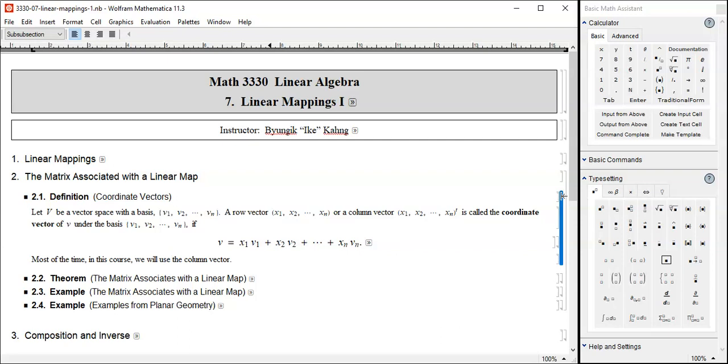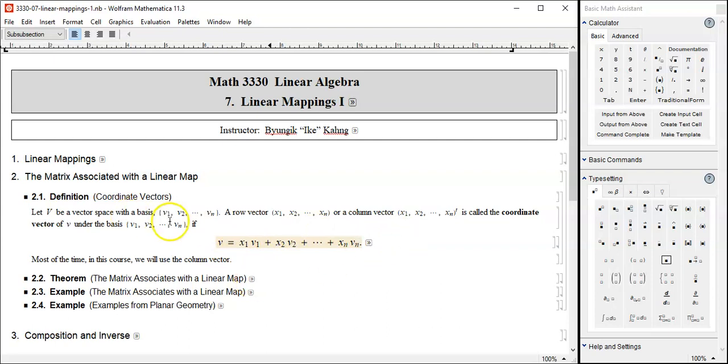Coordinate vectors. Let V be a vector space with basis v1, v2, all the way to vn. Then a row vector x1, x2, xn, or a column vector x1, x2, xn, is called a coordinate vector if v is given by x1 v1 plus x2 v2 plus all the way up to xn vn.